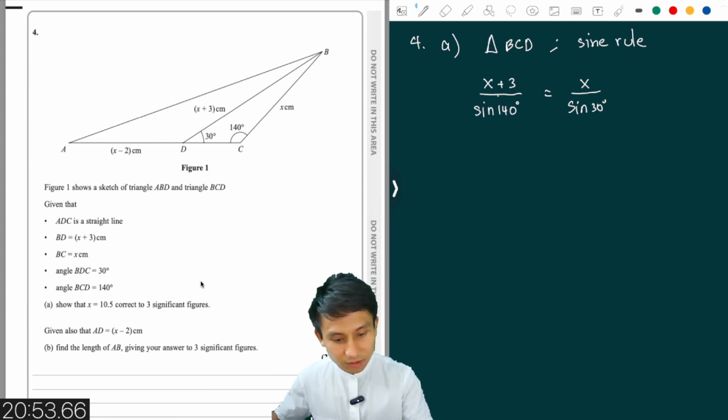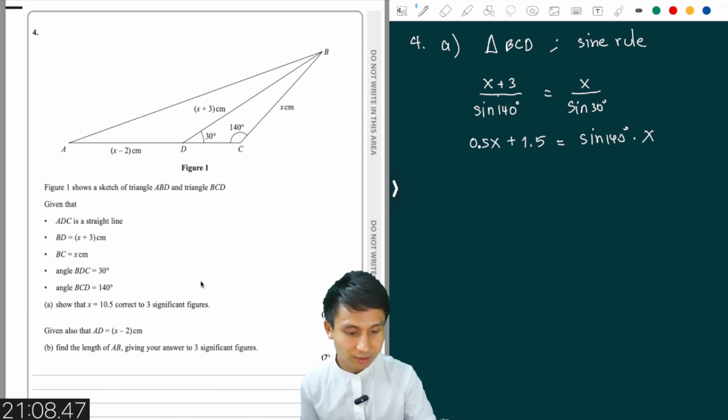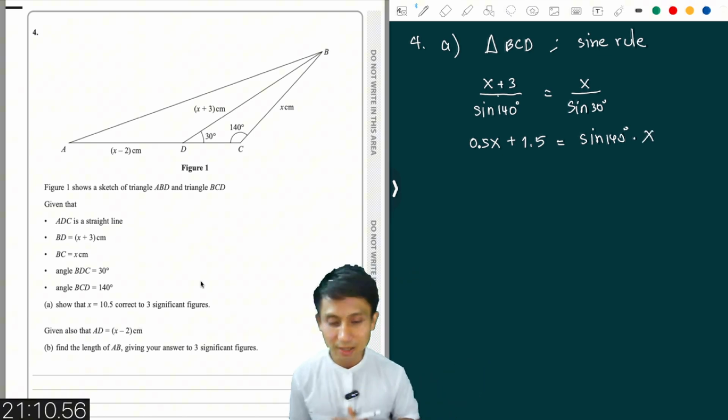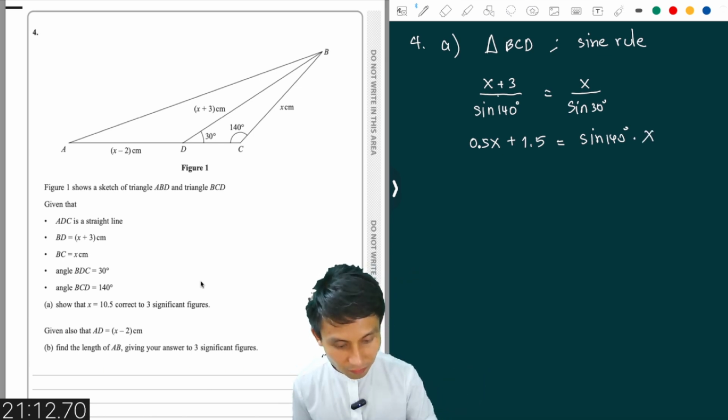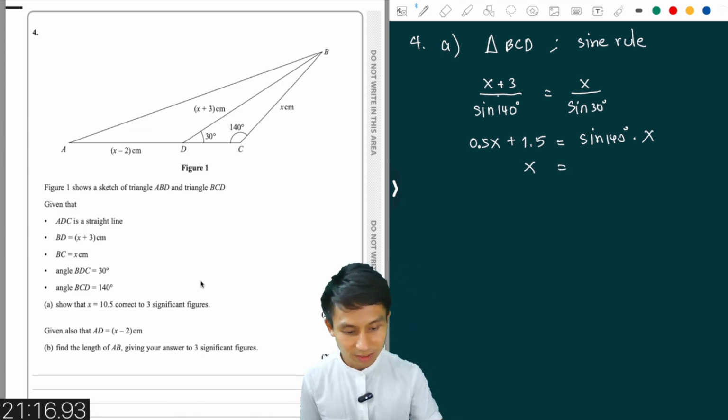So I just know that sine 30 is 1/2, so it's 0.5x here plus 1/2 times 3 is 1.5. I'm just going to do it in decimal then. And then this is sine 140 times x. Just cross multiplying there. So if you do the algebra here, making x the subject, you would get 1.5 all divided by, yeah.